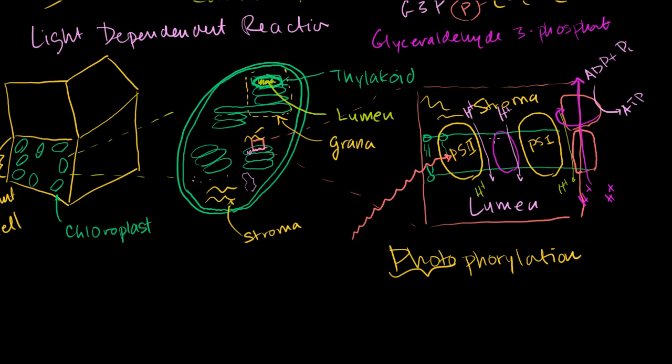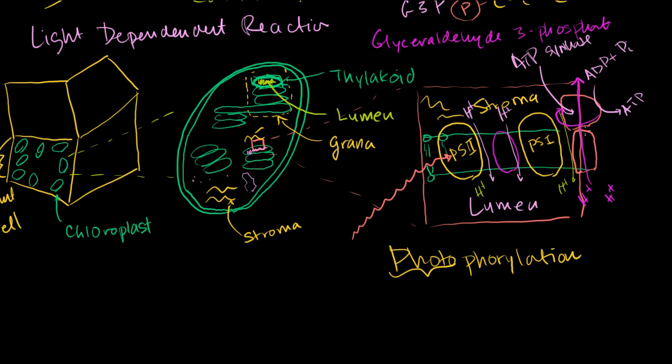As they go into lower energy states, that's used to drive pumps that allow hydrogen protons to go from the stroma to the lumen. Then the hydrogen protons want to go back, a process you could call chemiosmosis. They want to go back into the stroma, and that drives ATP synthase. Right here, this is ATP synthase, which essentially jams together ADPs and phosphate groups to produce ATP.